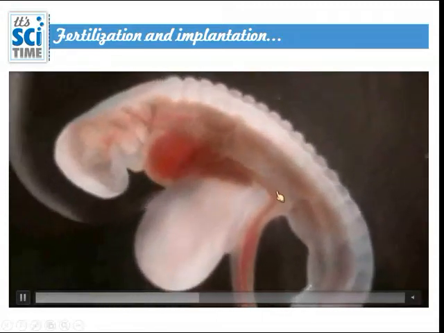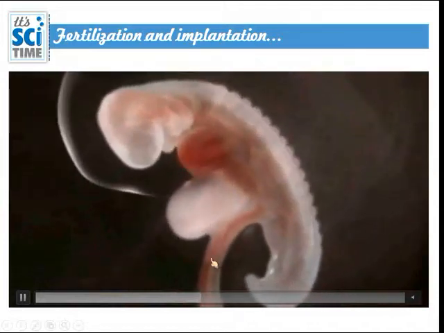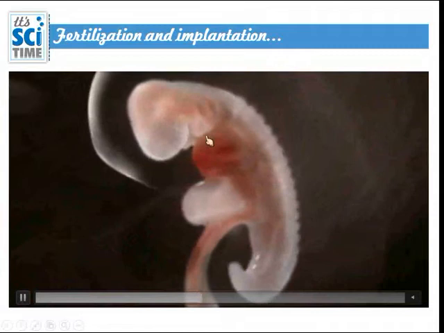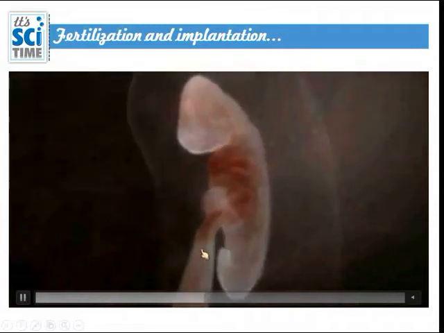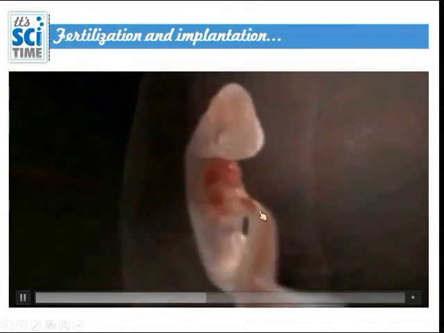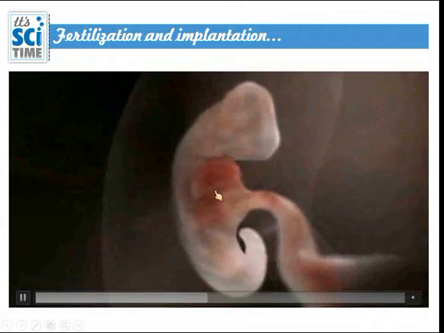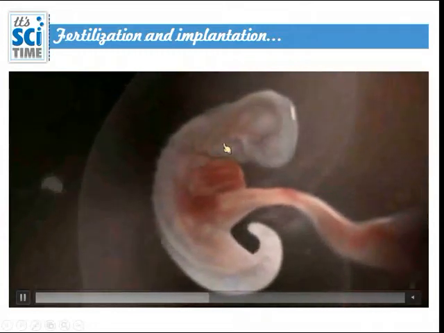Look at this. There is a tube here. This tube connects this fetus with the mother, and materials are exchanged through that one. This is called the umbilical cord. Materials are exchanged through this, and it's gradually taking an animal form.